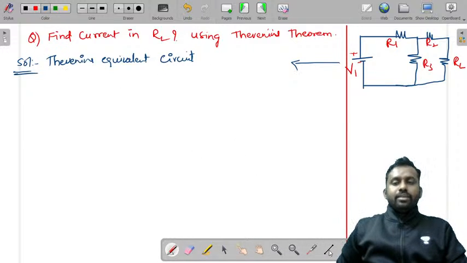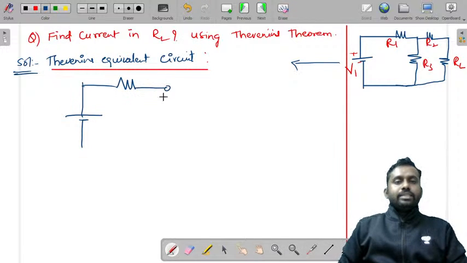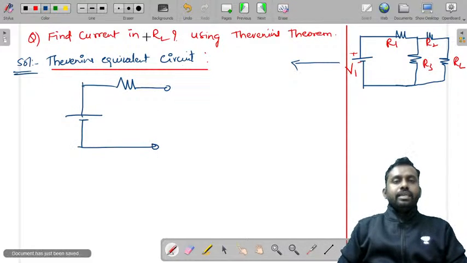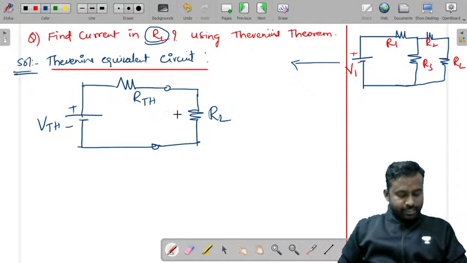Thevenin's equivalent circuit is a voltage source in series with a resistance, and here we are asked to find current in the load. So this is the load resistance RL, and this is RTH. This would be VTH with plus minus.